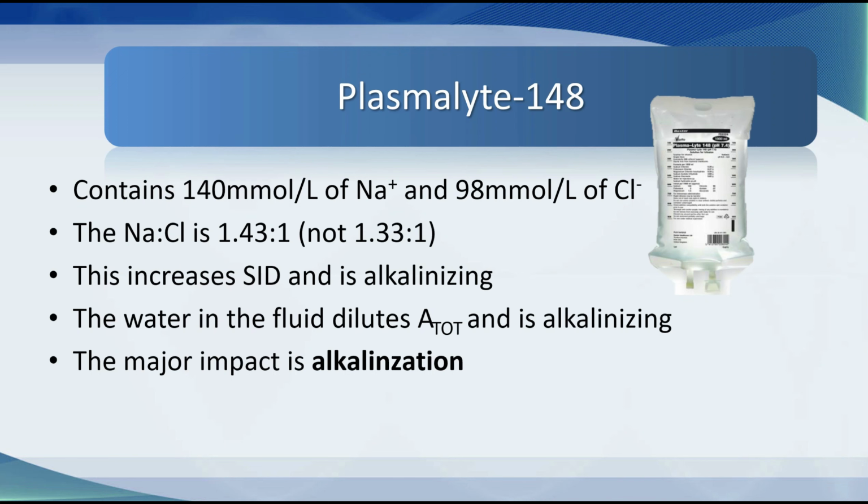This increases the strong ion difference and is alkalinizing. The water in the fluid dilutes the weak acids, that's albumin principally, and is alkalinizing. The major impact of this fluid is alkalinization, and that may make it quite attractive in certain forms of metabolic acidosis, for example, diabetic ketoacidosis.